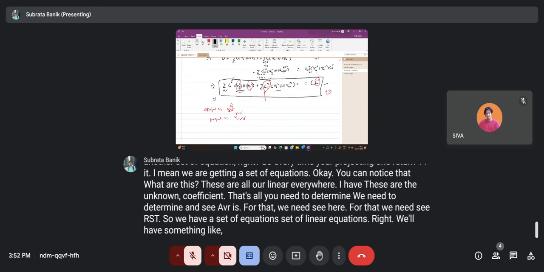We will have something like this: C of AR psi ABS is psi AR plus CABRS psi BS.